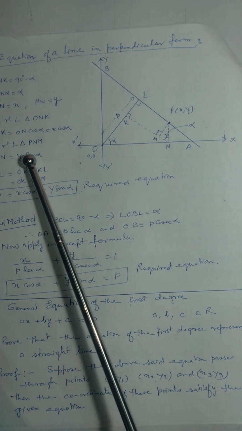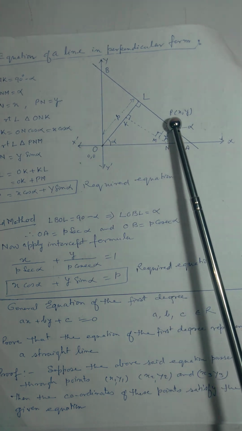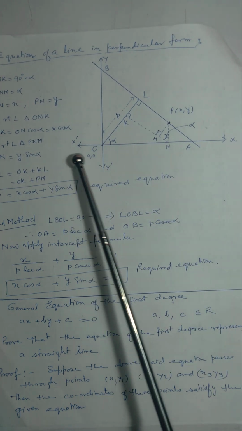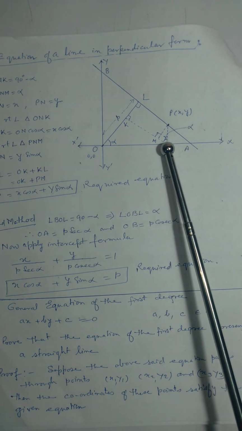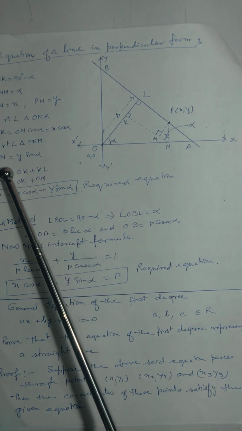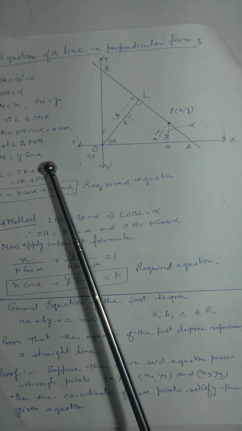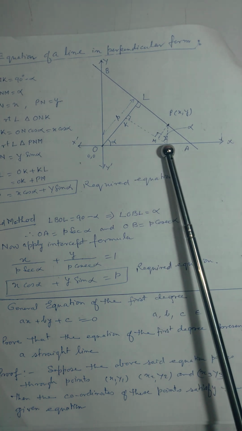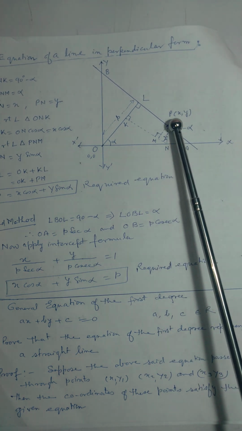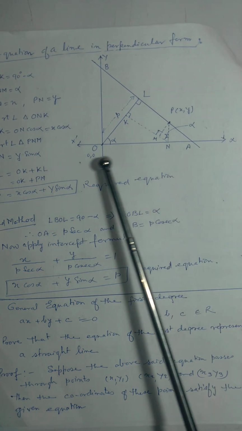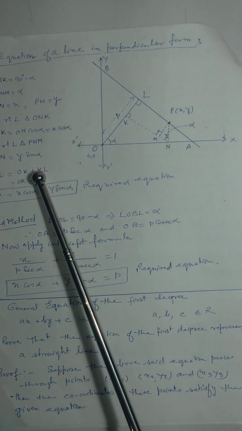Now in right angle triangle PNM, the angle is alpha, so PM is equal to y sin alpha.